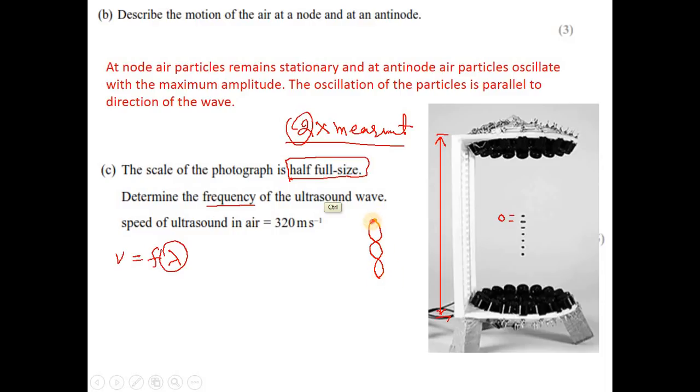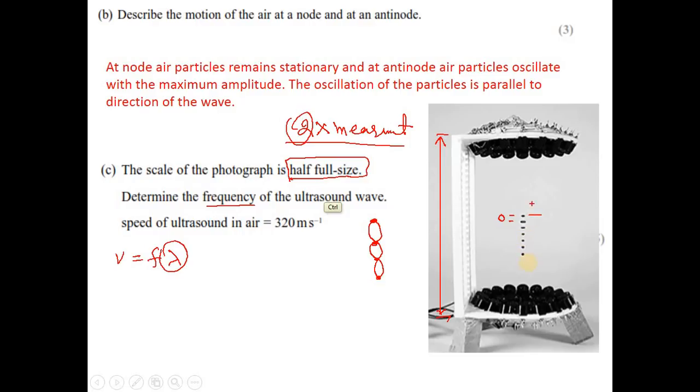So this is your particle number 1, this one particle number 2, particle number 3 is here, this is particle number 4, and so on. You can take measurement, and it's not a good idea to take measurement for just 2 particles because it is a very small length. It will be a good idea if you include the maximum number of particles.